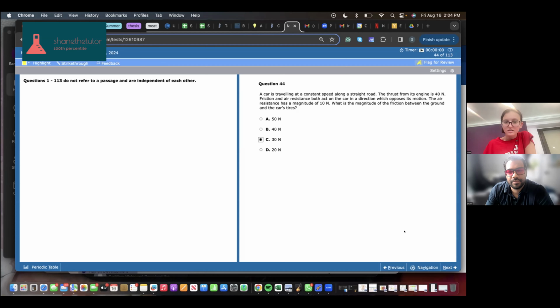I think I literally subtracted 40 and 10. Okay, so tell me a bit about that. I was thinking of the classical box that you draw and then the different forces acting on it.